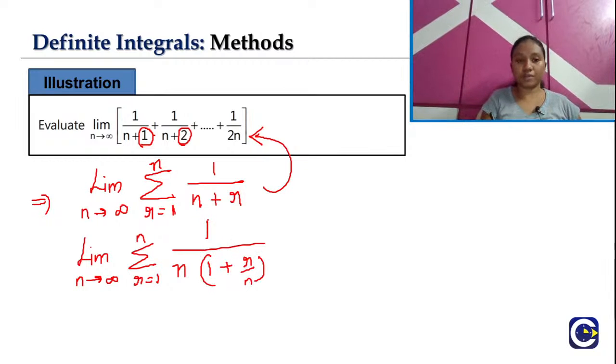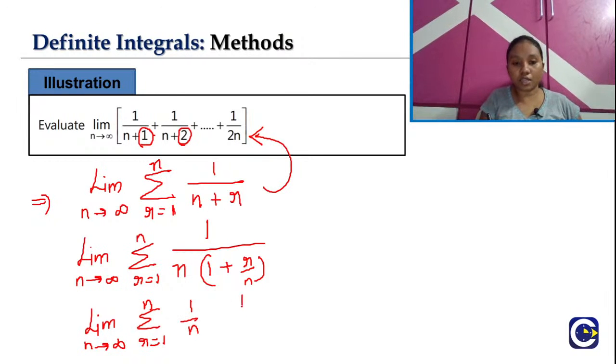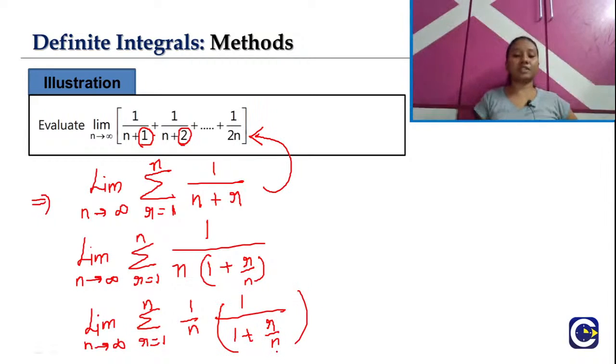Yes or no? From this n plus r term, I have taken n common. So now I can rewrite this as limit n tends to infinity, sigma r equal to 1 to n, 1 by n written separately, and then 1 by 1 plus r by n. If you observe, this is in the standard format or not?